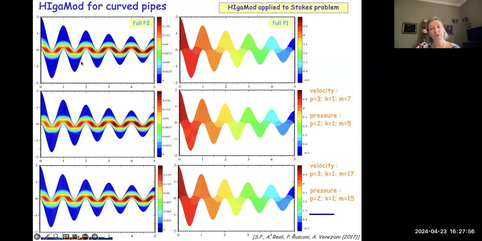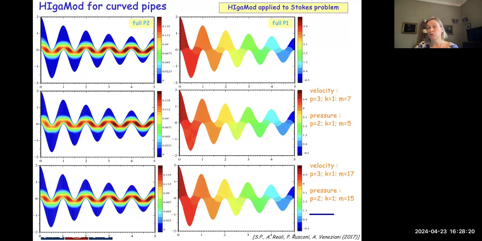And the two next rows are associated with a HiMod approximation, where we resorted to finite elements of degree 3 for the velocity and 2 for the pressure, while the number of modes is equal to 7 and 5 respectively for velocity and pressure in the second row, 17 and 15 in the third row.